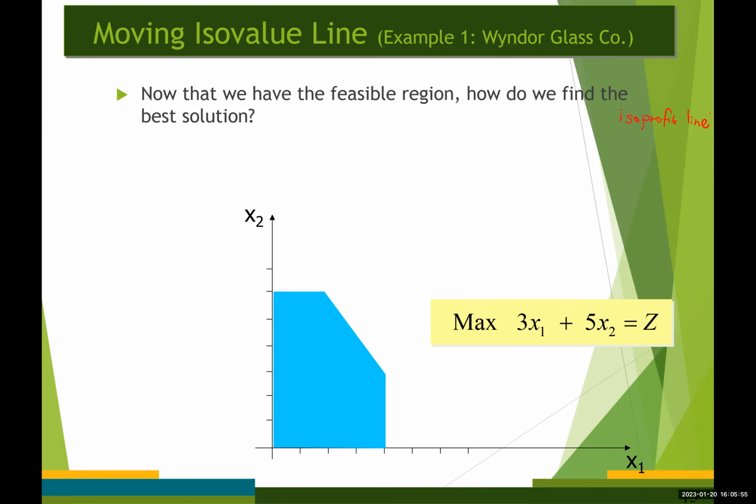Of course, in a minimization problem, that's going to be the iso cost line. That's specifically for the maximization problem, and this is for the minimization problem. But in general, such a line is called an iso value line.